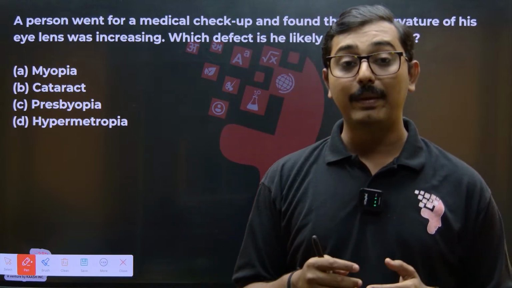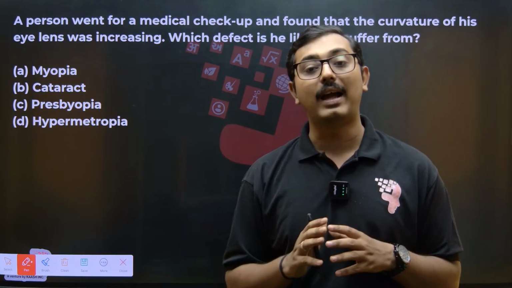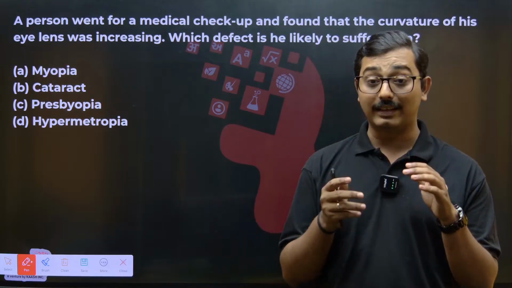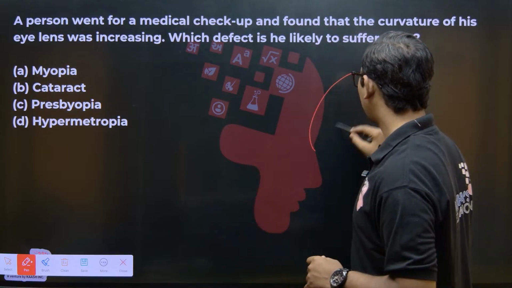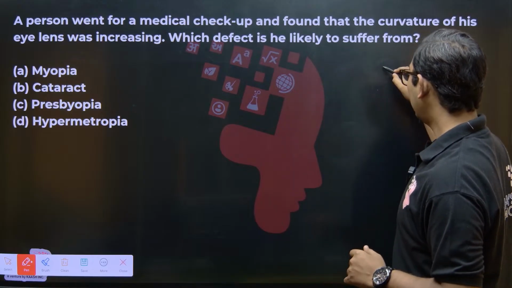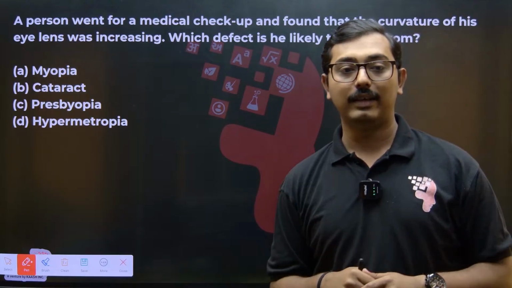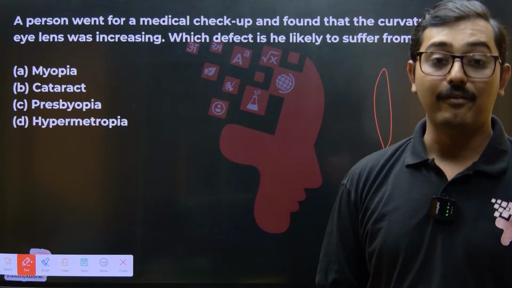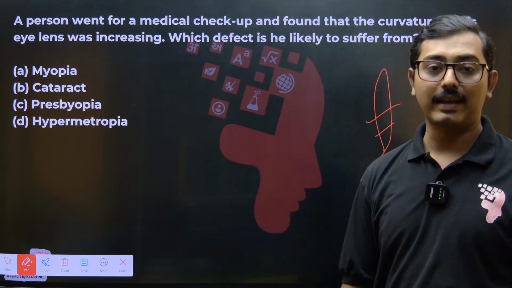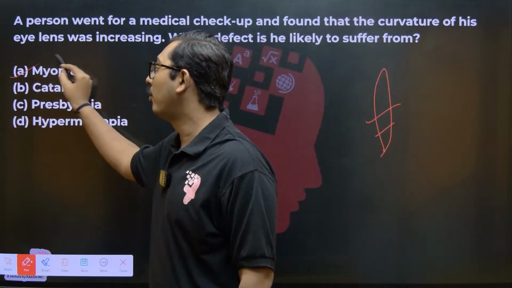Hence, the lenses of his natural eye should be thicker, sorry, my mistake, it should be thicker and elongated. And we get such kind of lenses in our eyes when we have the disease of myopia.